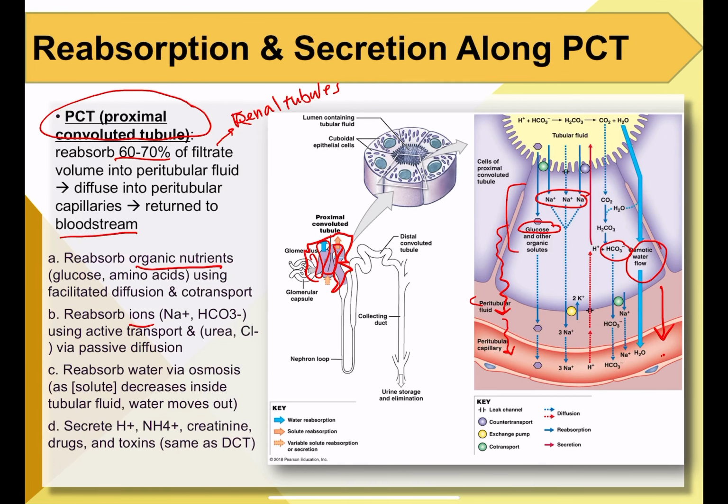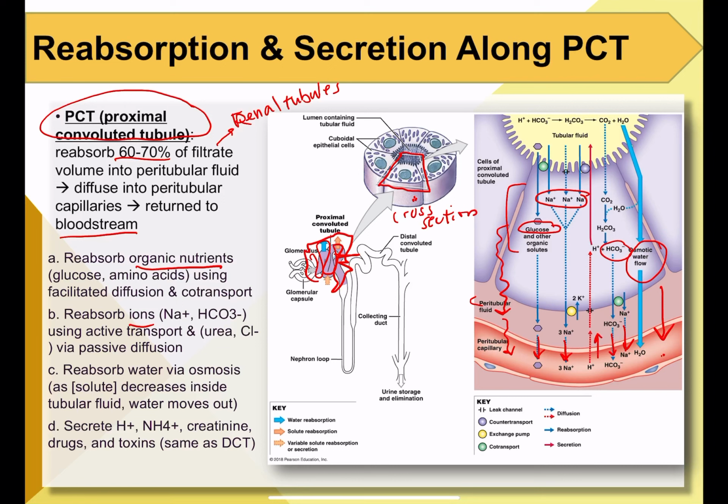A lot of students get confused about what this picture represents. This picture represents a zoom-in view of the tubule, okay? This is a cross-section of that proximal convoluted tubule, and it puts you into this 2D view to show you what's going into your urine or filtrate versus what's going back into your blood via your peritubular fluid. So things that are pointing this way are reabsorption, and things that are going outwards are secretion.